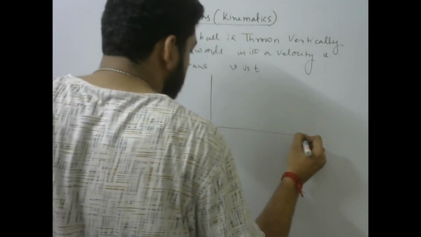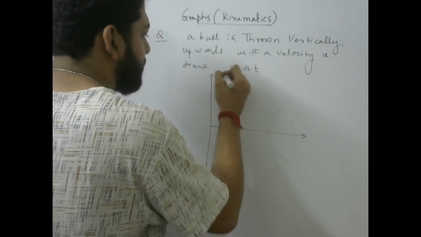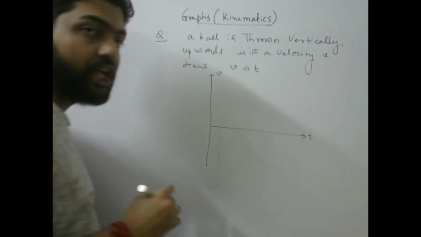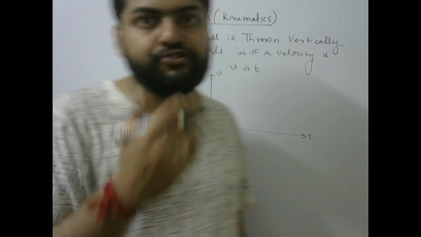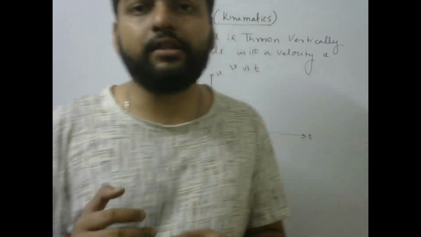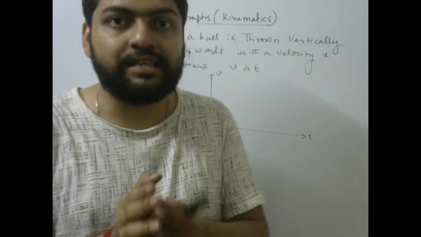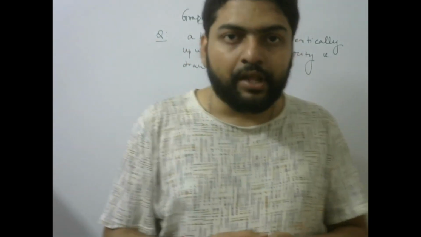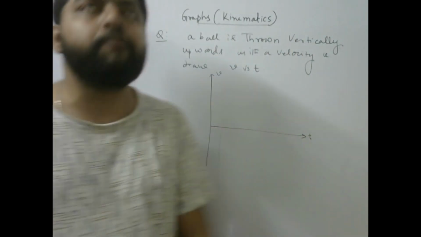Observe. Physics is something related to common sense. You need to think, reconstruct the scenario in your mind, and then identify the thing. If you throw a ball upward, initially the velocity will decrease. As soon as it reaches the maximum point, the velocity becomes 0, and then it comes down with increasing velocity.